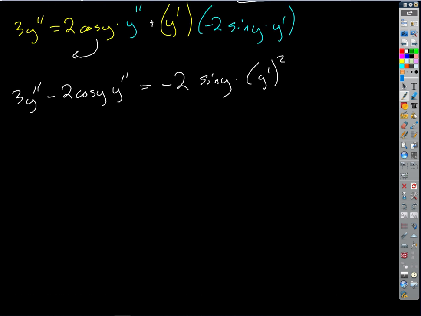Well, I'm going to leave it like that for a second, actually. I factor out a y double prime, leaving me with 3 minus 2 cosine y, is all this stuff, negative 2 sine y times y prime squared.